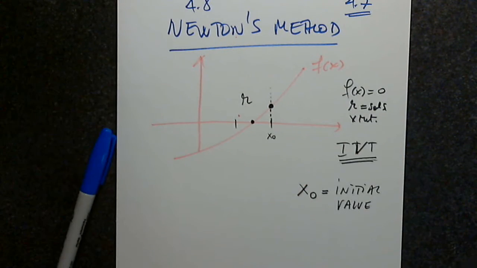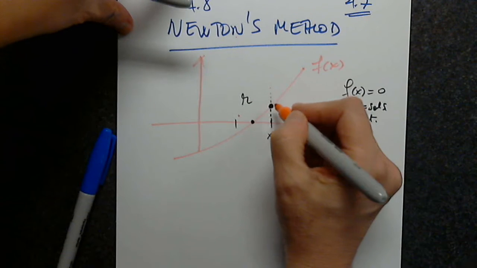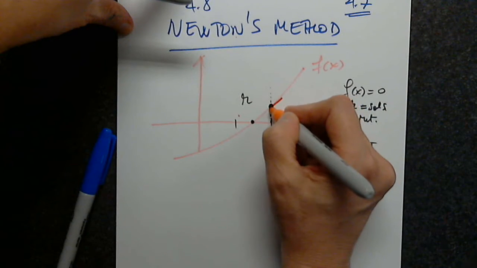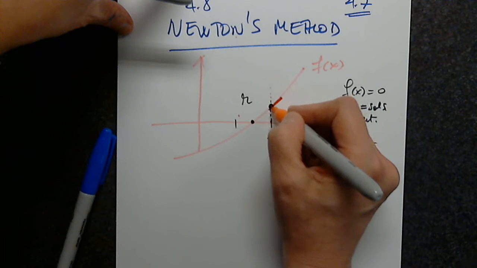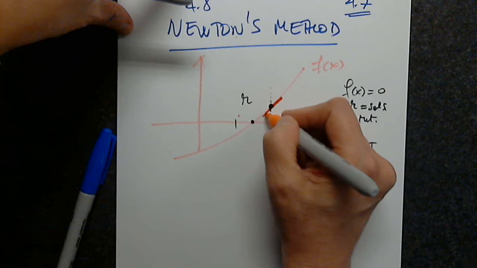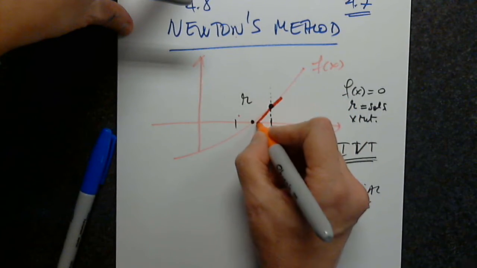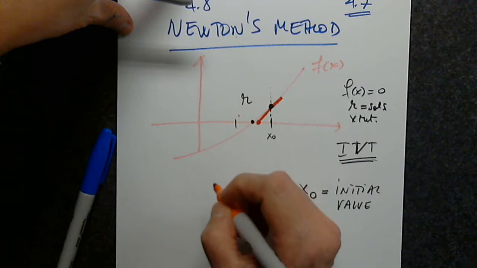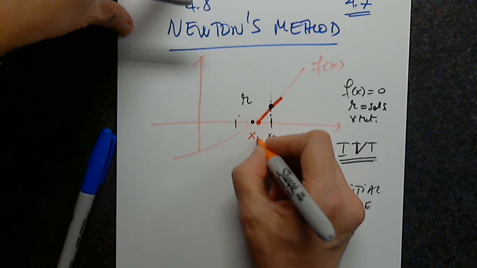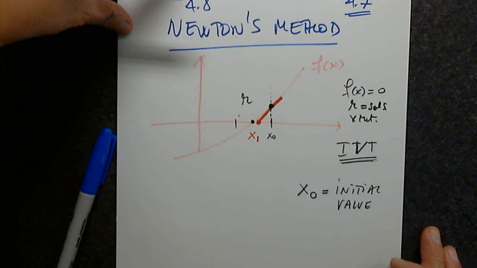Everything in this calculus has to be related to tangent or derivatives or rate of change, right? So I'm going to draw the tangent to the graph at that point. I'm going to extend it. I'm going to create a new point, which is denoted by x sub 1.